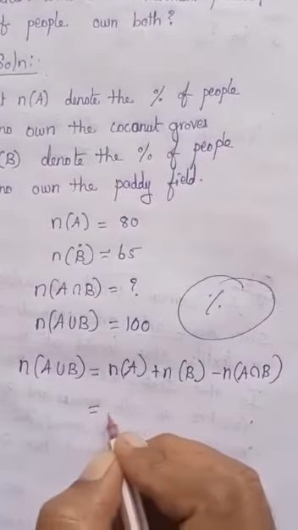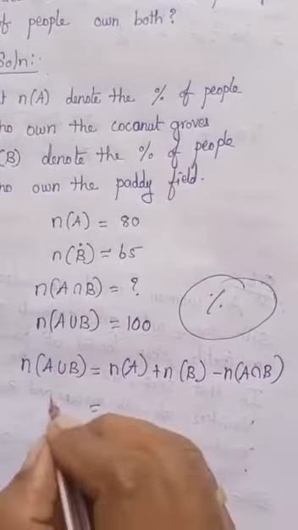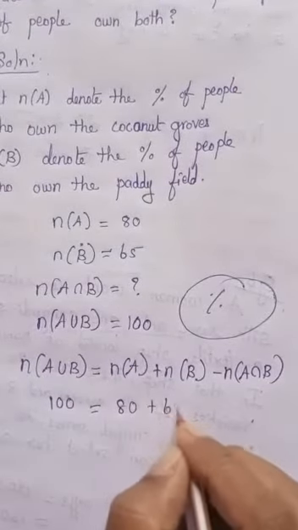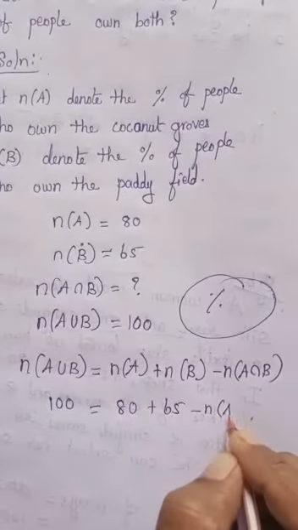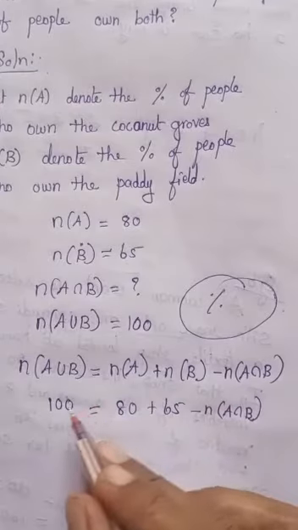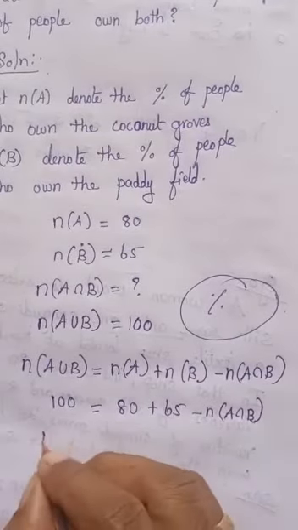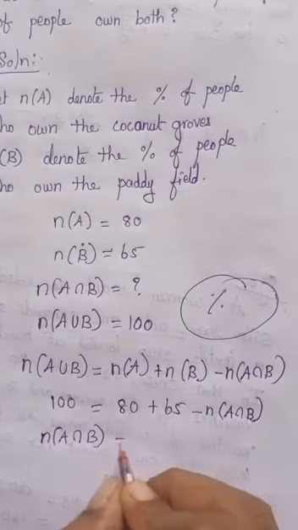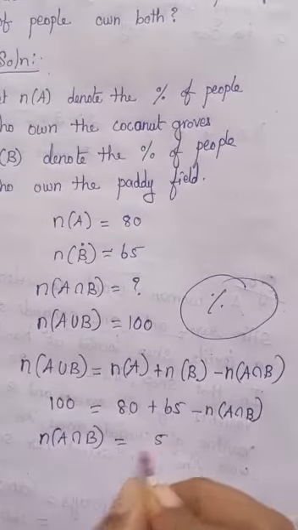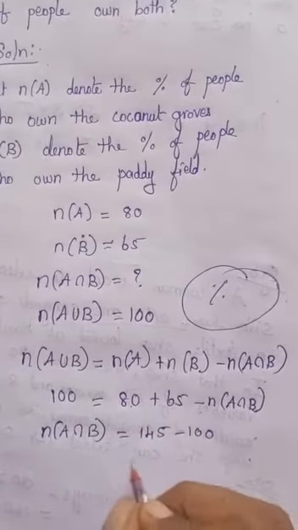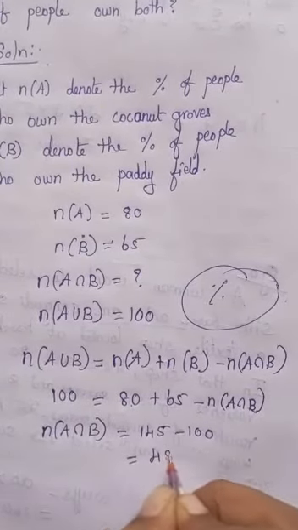So n(A union B) is 100, n(A) is 80 plus 65 minus n(A intersection B). This we need, isn't it? Shall we take it to the left hand side? This negative, when it comes here, will become positive. So 80 plus 65, 145 minus 100. So our answer is 45.